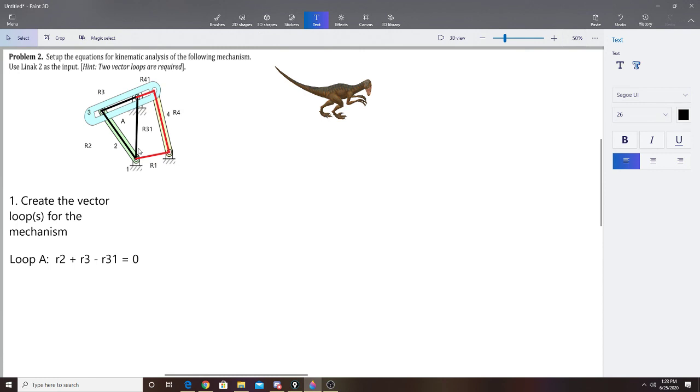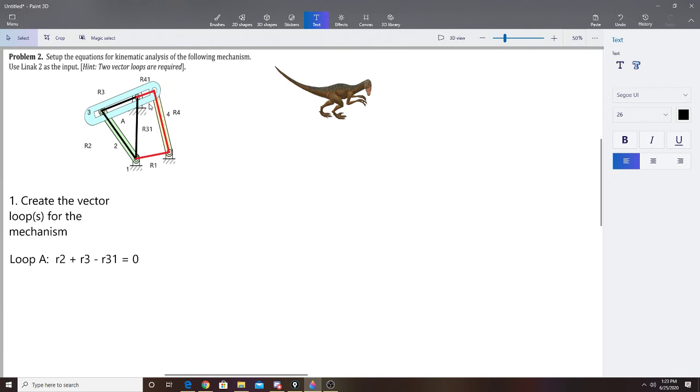I remember setting the vector loop up a different way, and whenever I tried to do it, I ended up with like 6 or 7 unknowns and 4 equations, which means that those other 3 equations had to be found from angles and geometry in here. And the problem with that is, like I said, you can probably do it with one.